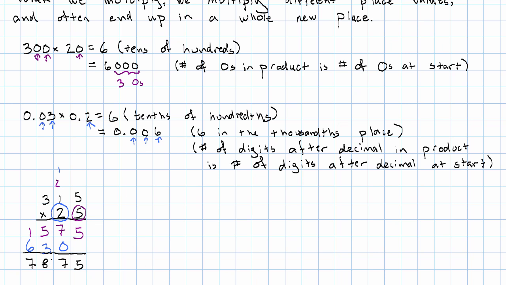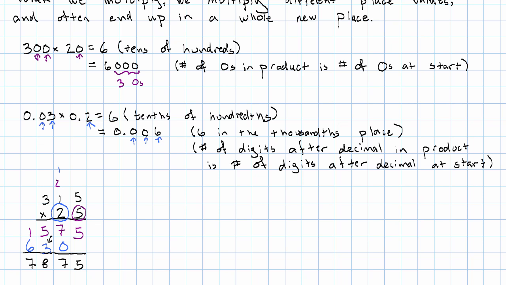But notice, as we fill in each individual digit, for example, as we were finding out about the 3, we multiplied the tens place times the tens place and wrote the result in the hundreds place.